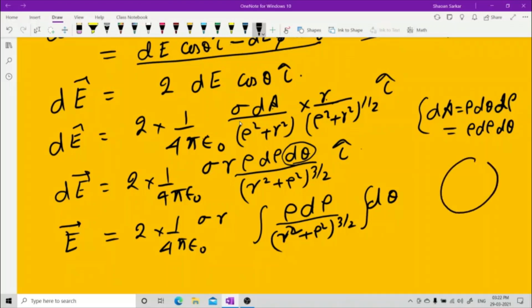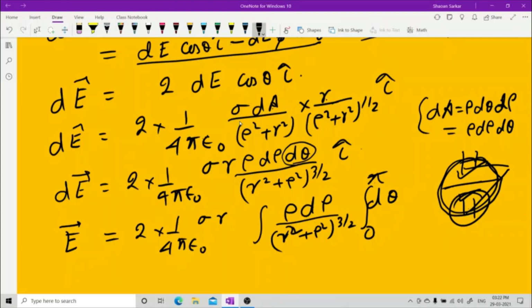Now see, you took a disk. Now you took this much portion of the disk and you took this much portion. The contribution from these two portions will be coming from both the upper half and the lower half. So it will be 0 to pi, not 2 pi. If you write 2 pi, you will be double counting this portion again, the way I told you earlier.